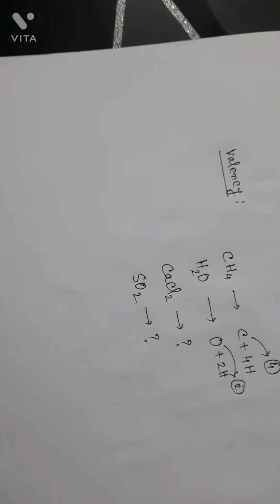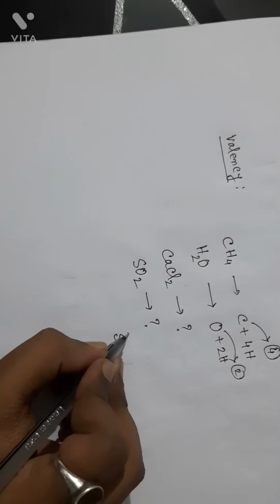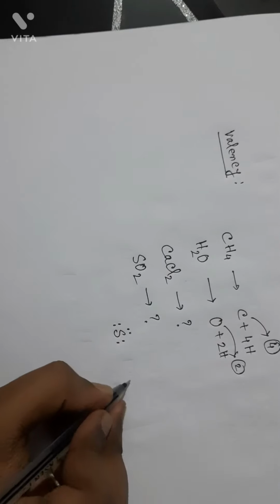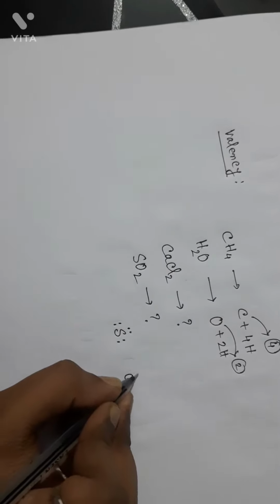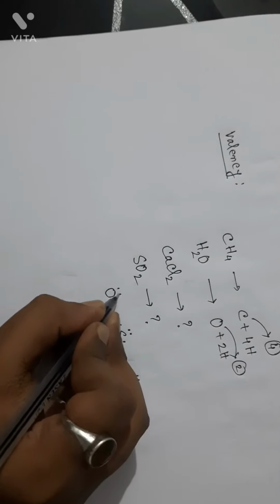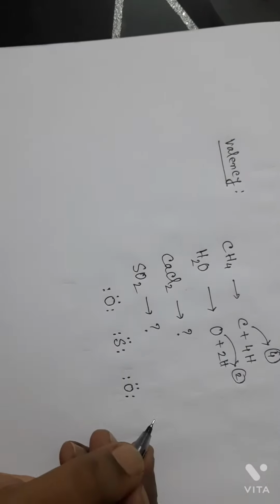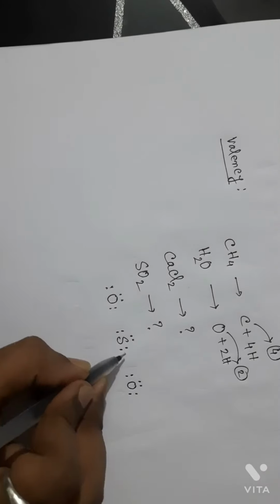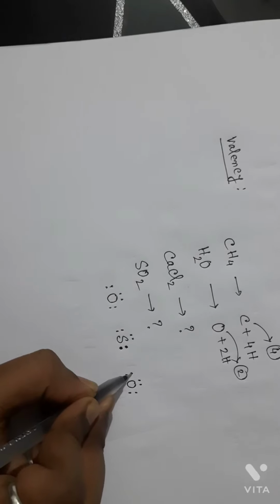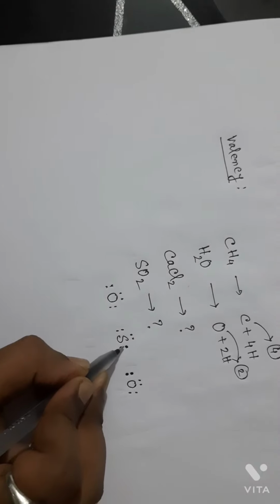Say for example, during the formation of sulfur dioxide, sulfur has 6 electrons in its outermost shell. When it combines with oxygen, which also has 6 electrons, there are 2 oxygens. Now when they combine to form bonds, the sulfur uses 2 electrons to combine with one oxygen, and this oxygen uses 2 electrons to combine with sulfur.